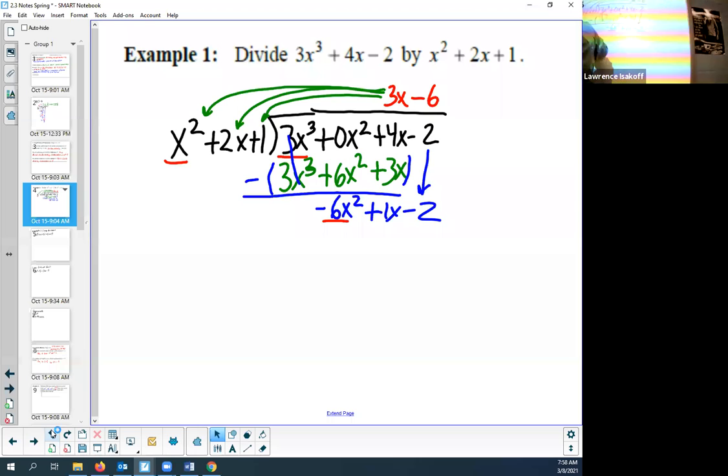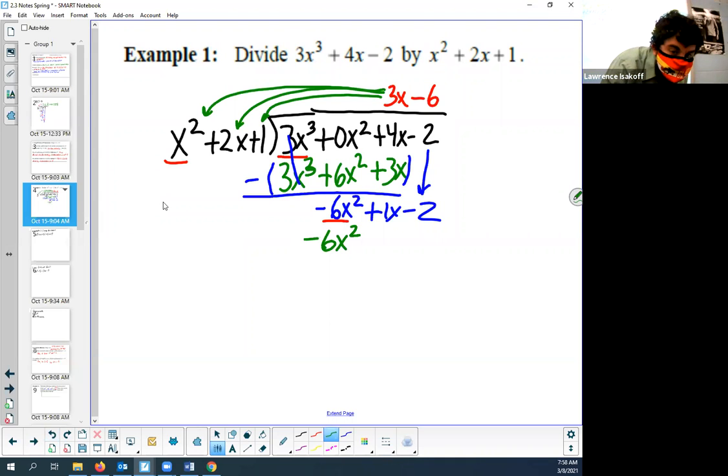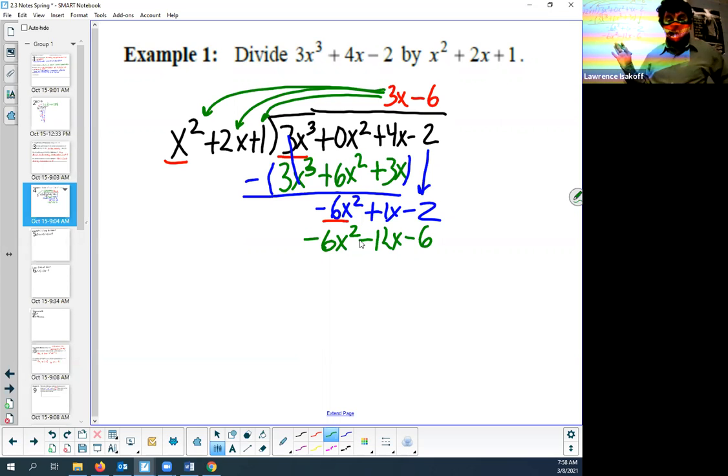That's what will get us to cancel out, and what we need to drop out drops out. Then I do negative 6 times 2x. That gives me a negative 12x. Negative 6 times 1, that gives me negative 6. That's fine. Are we good on my multiplying right now?